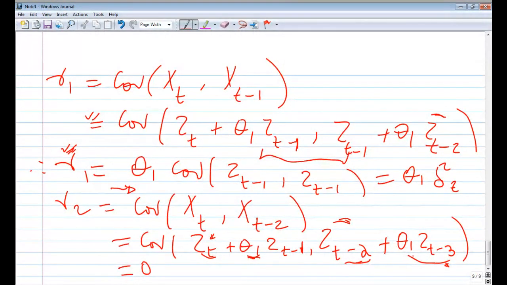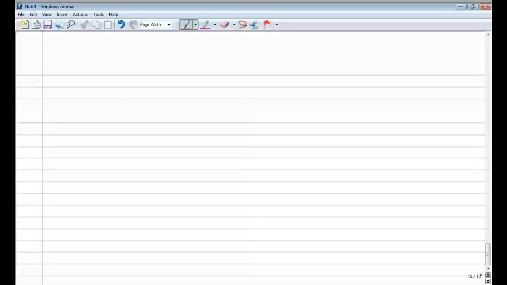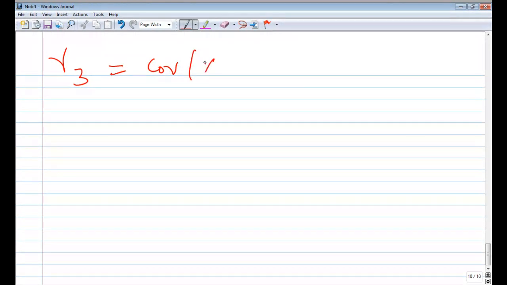Okay. The same applies to gamma 3. Let me just go to the next one. Same applies to gamma 3, which is equal to the covariance of xt, xt minus 3. You are going to get 0. Gamma 4, 0. Gamma 5, 0. Until you generalize it as gamma k.